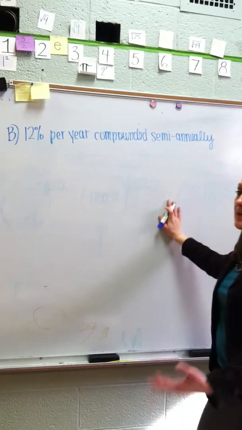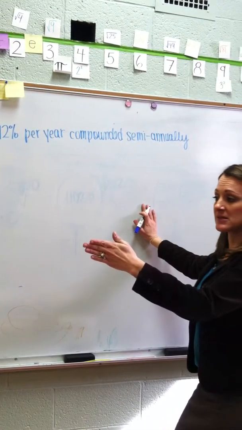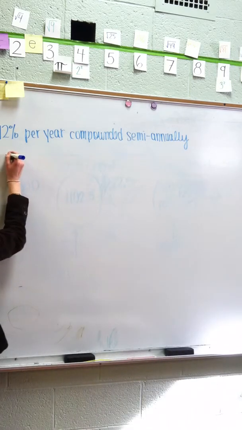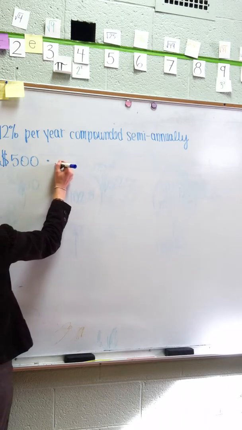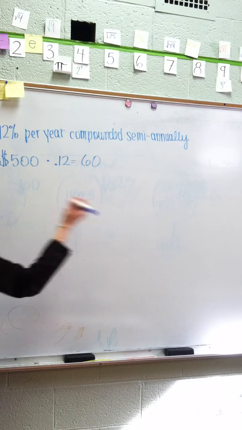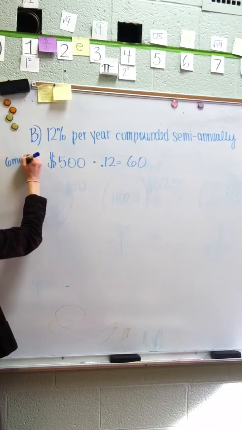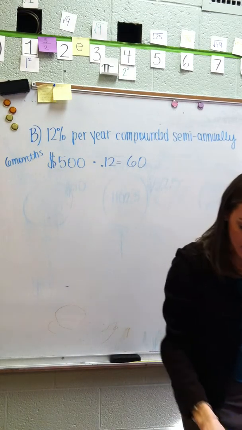So if you think of semi-annually, you think of maybe June and December. 6 months in, another 6 months in. So I'm going to have my original amount of $500 times my 12%, which is going to give me 60. Okay? This is after 6 months. Does that make sense?